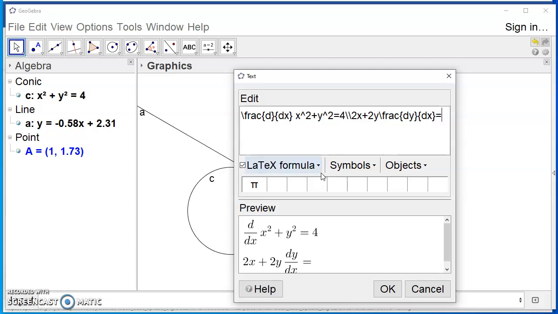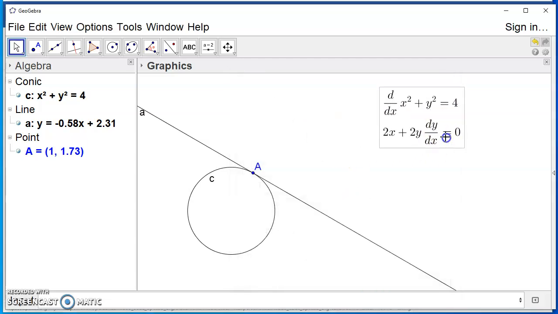And then on the other side, of course, the derivative of 4 is 0. So the crucial thing in this is to realize that you can differentiate y directly. You just have to treat it as a function and make sure that it spits out a dy/dx for its derivative, right? And now we're looking at something where you can isolate dy/dx.